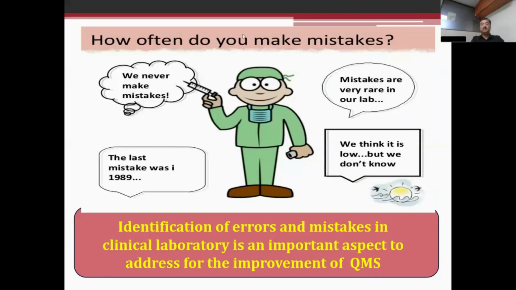We can never do self-criticism; very few of us can. If I ask a lab how often it makes mistakes, you may get the answer: we never make mistakes, the last mistake I made was in 1989. We don't know. There are so many things.